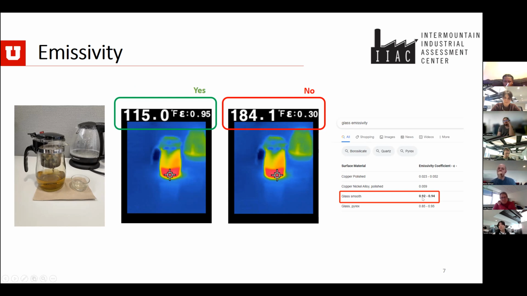So the correct number should be, I think 0.95 should be a good number for this one. So the emissivity, it does make a big change. So just make sure every time before you use that, the easiest way is to Google the emissivity of the material you want to test, and then you can input the correct emissivity and then take a picture.